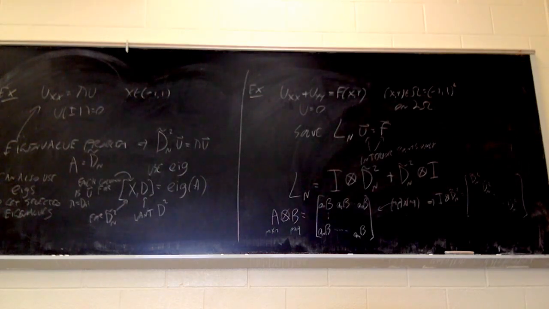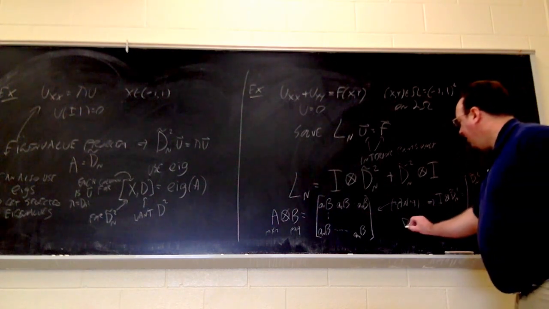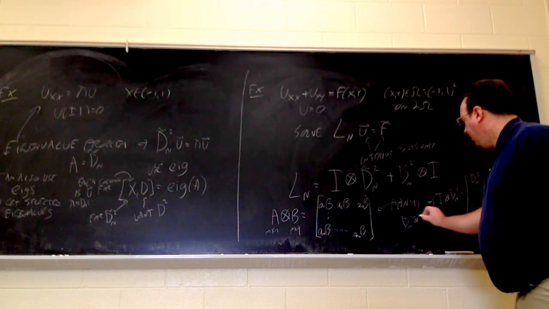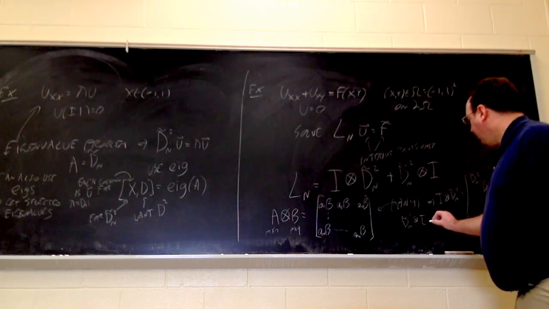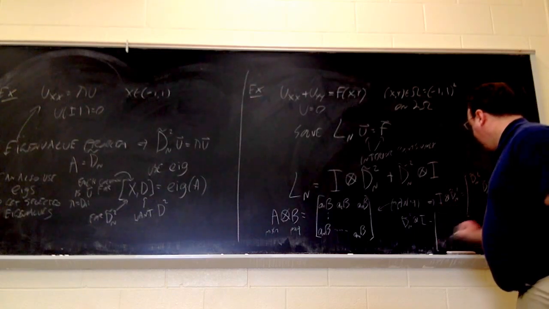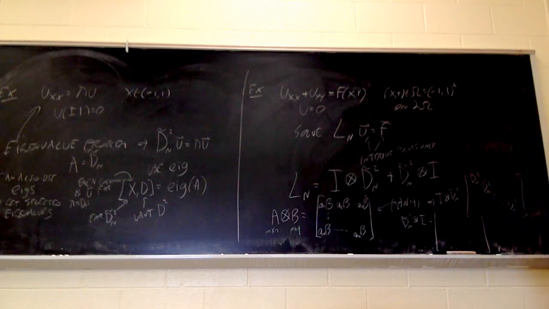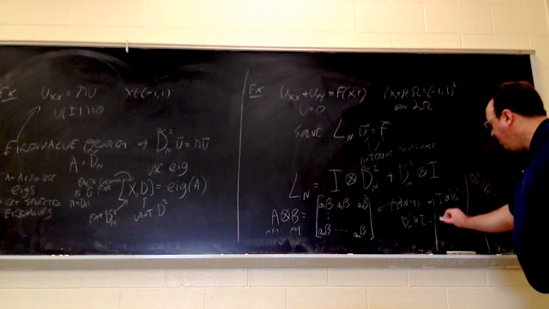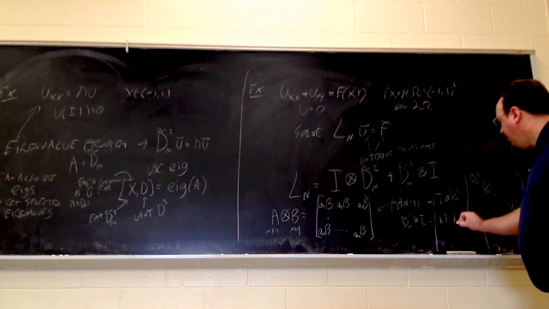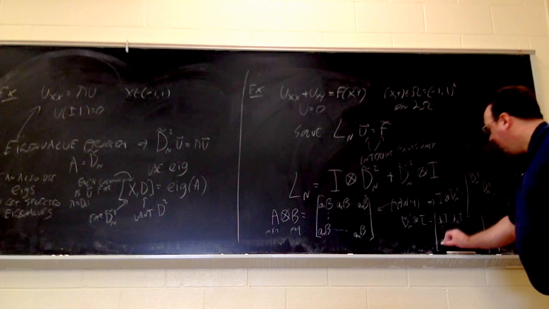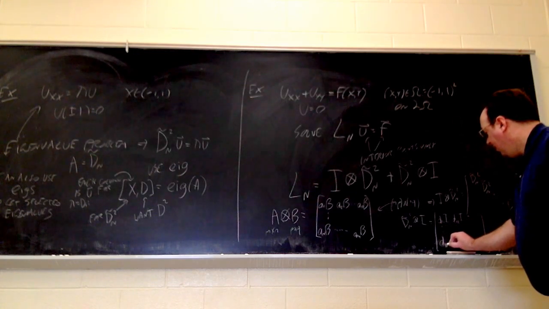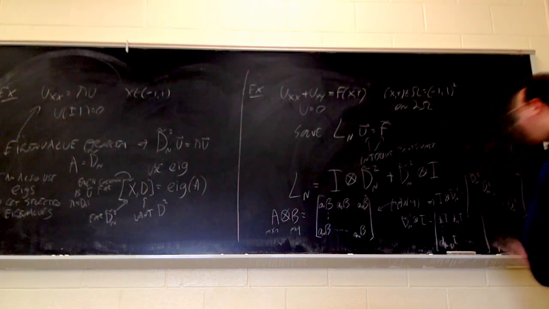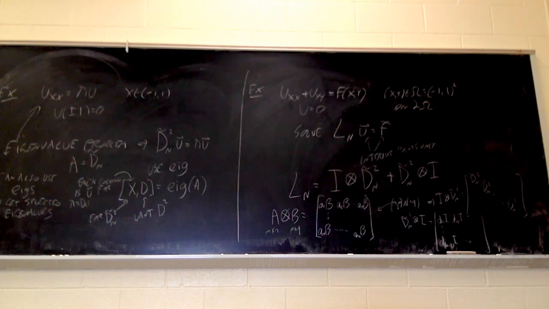Whereas the other matrix, D tilde squared Kronecker product identity, would have like d11 identity, d12 identity, well, D tilde is N minus 1 by N minus 1, and so on.